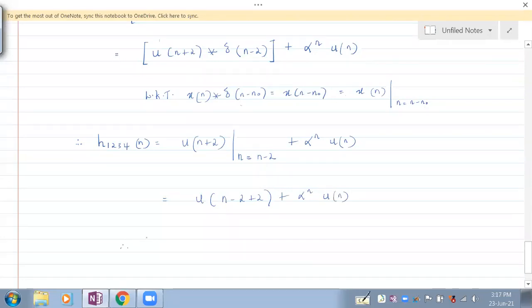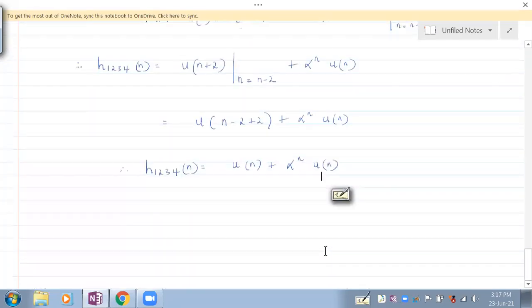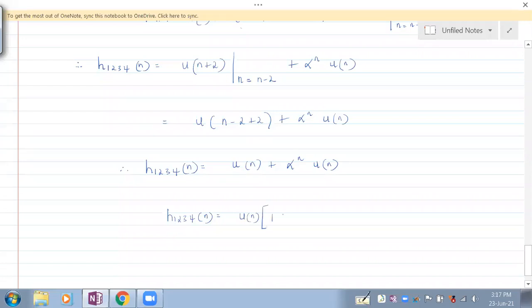So therefore, the overall impulse response of the system would be given by u of n plus alpha power n u of n, or you can take u of n common and write it as h1 2 3 4. This is the combined, the overall. You can take u of n common and write it as 1 plus alpha power n within the bracket. And this is what is asked.